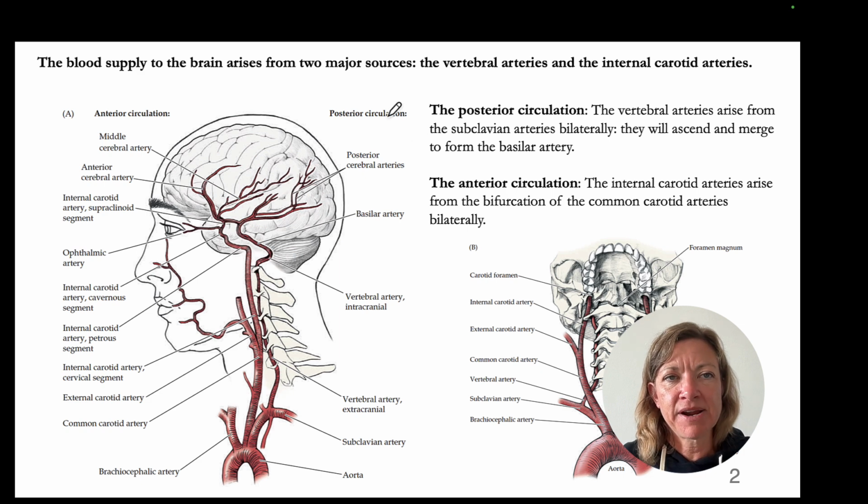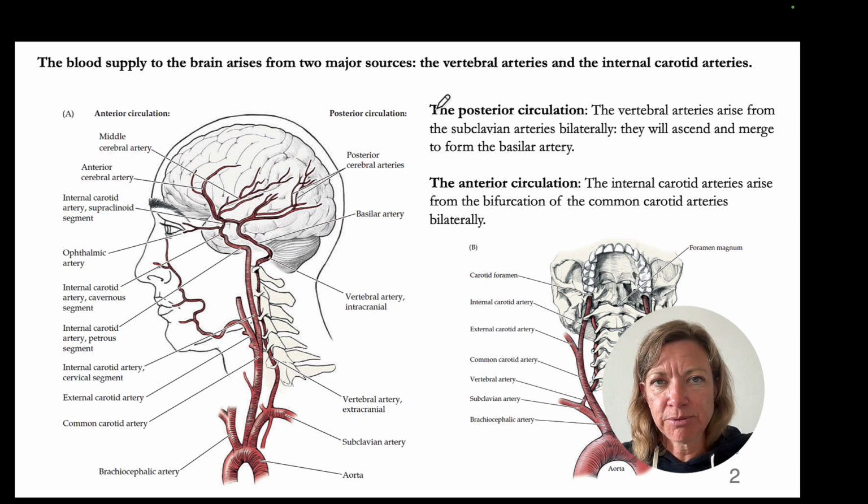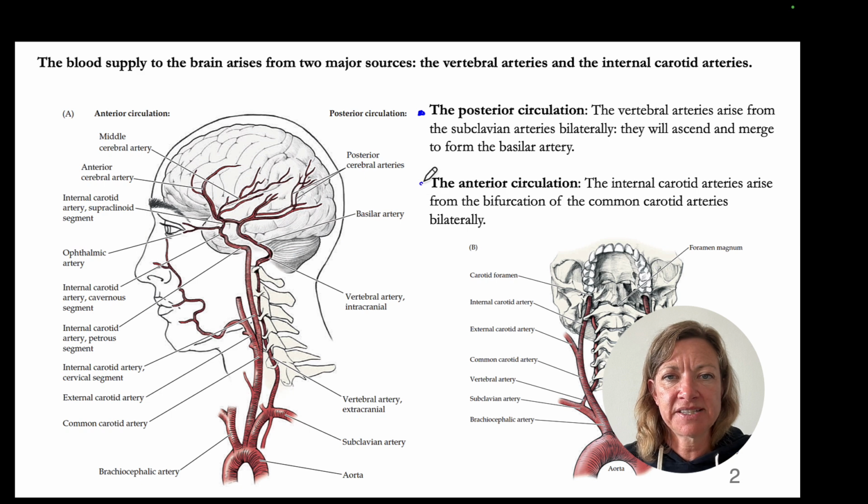Now, the blood supply to the brain arises from two major sources, the vertebral arteries and the common carotid arteries. The vertebral arteries give rise to the posterior circulation, while the common carotids, and ultimately internal carotids, give rise to the anterior circulation.